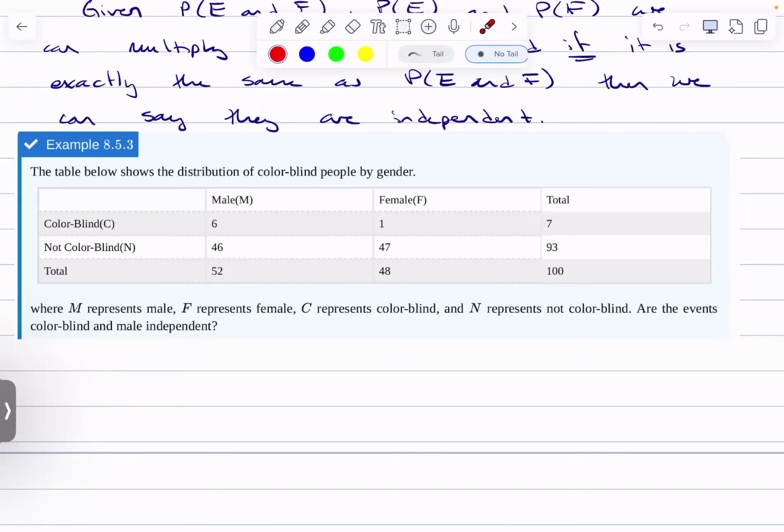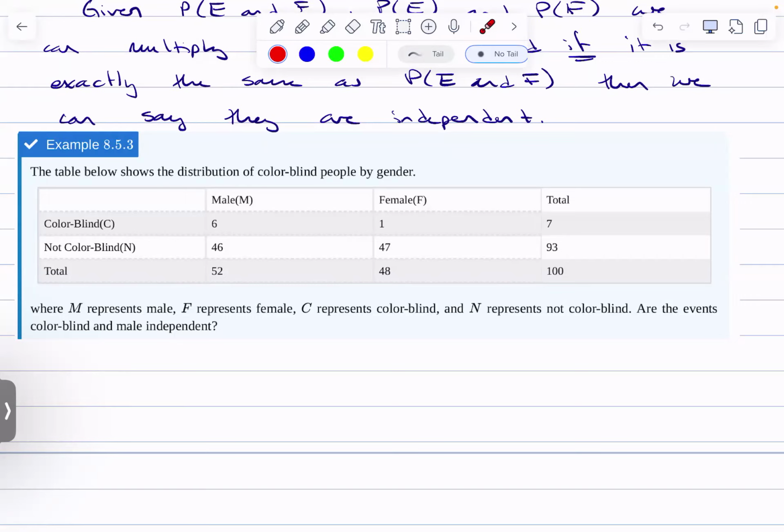Okay. The table below shows the distribution of colorblind people by gender, which is one of those things where we say typically males are more often colorblind than females. Right? And so now we want to know, well, are these two things independent of each other? Or maybe they're dependent on each other.